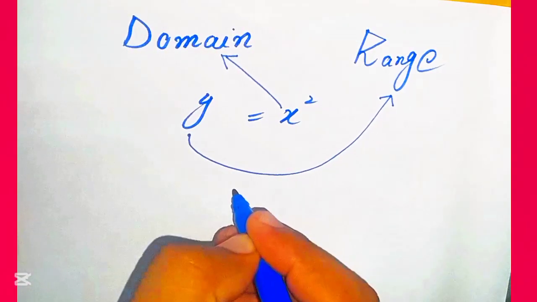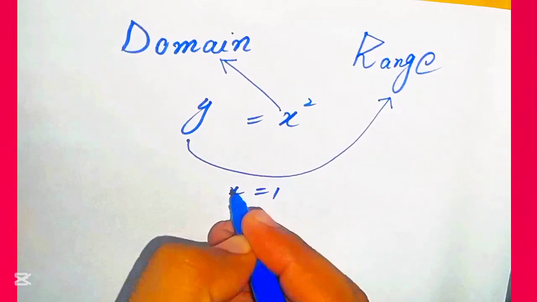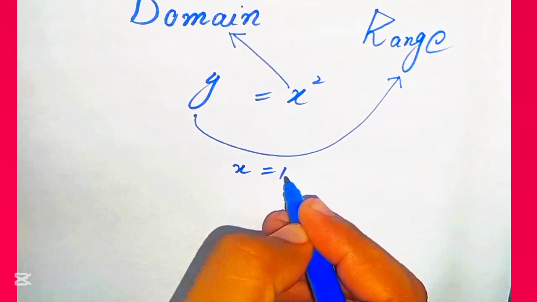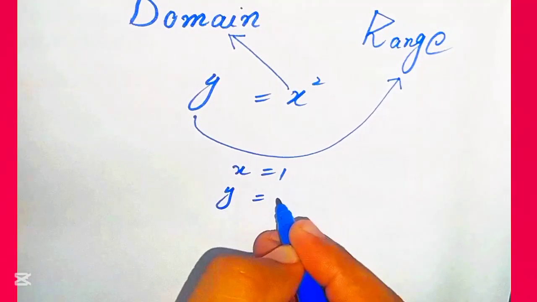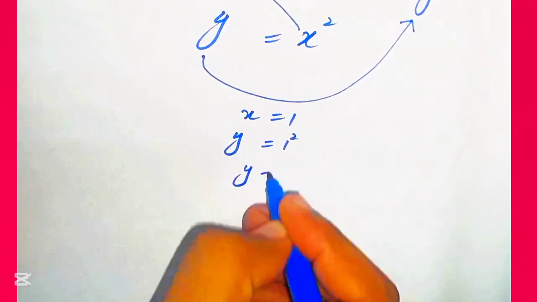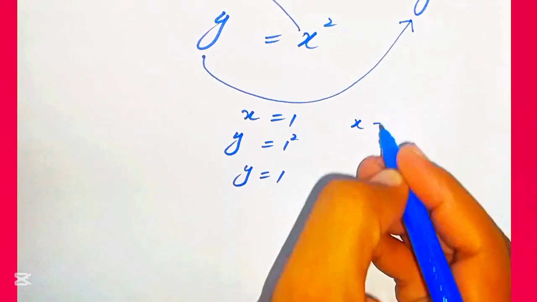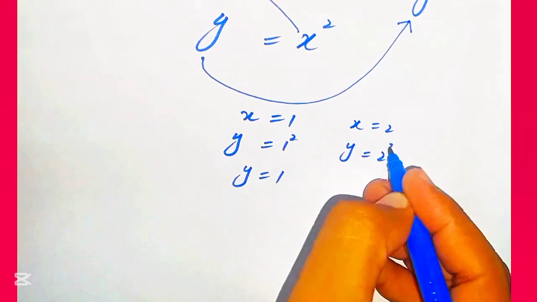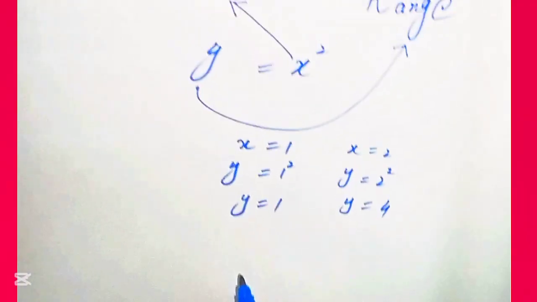For example, when we put x is equal to 1, our y answer is 1 squared, so y is also 1. And when we replace x with 2, our y becomes 2 power 2, so y becomes 4.